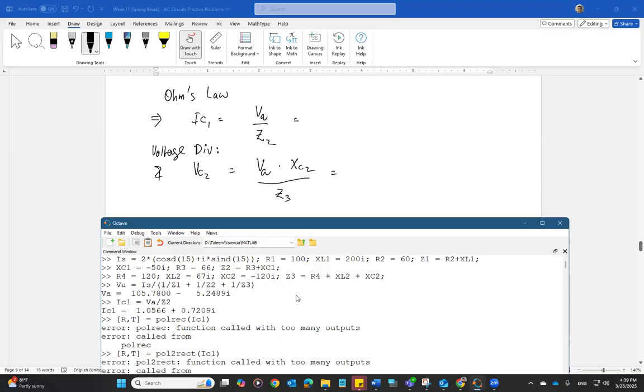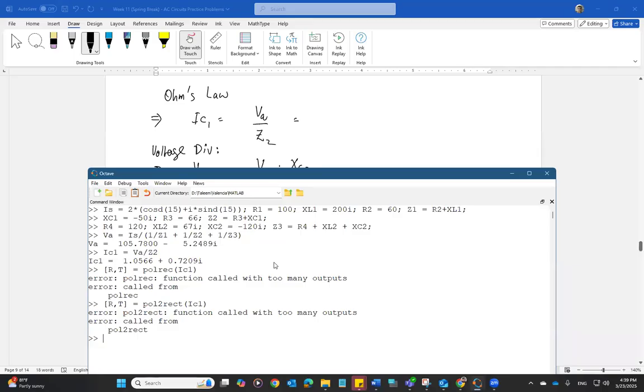Oh, okay, never mind. I'm just going to use my regular absolute of IC1 for the magnitude, and angle of IC1 times 180 over pi. I have those functions written, but maybe not in this MATLAB folder.